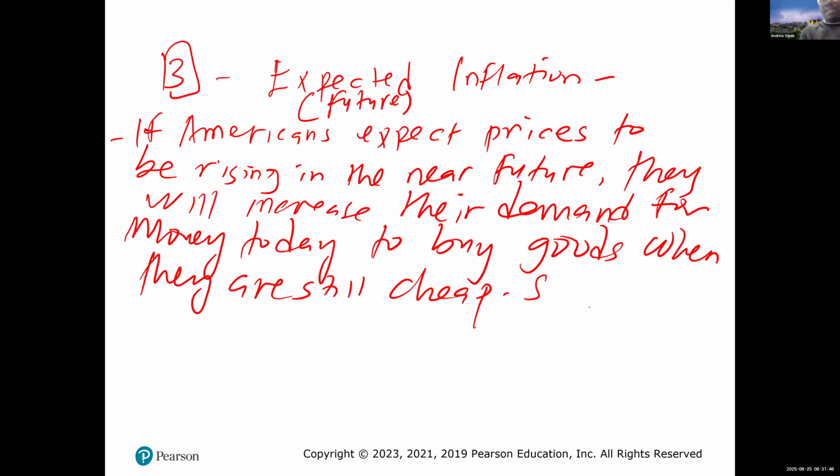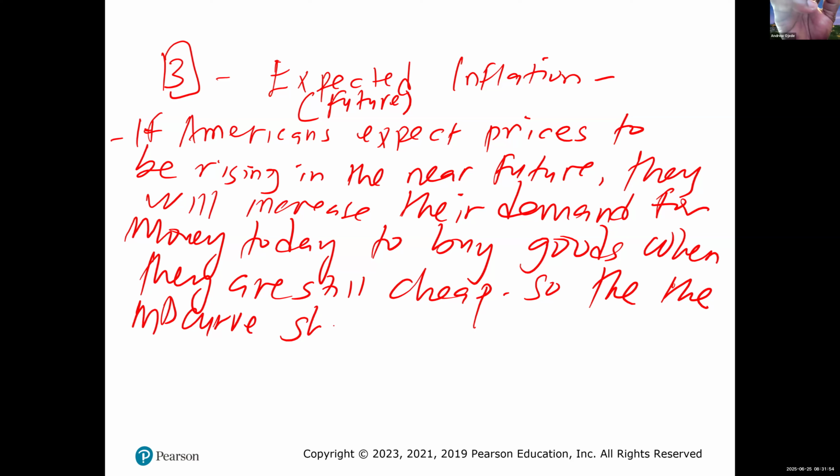So the money demand curve will shift to the right. There's an increase in money demand in this case. Remember, when the money demand curve shifts to the right, that means an increase in money demand. Shifts right.